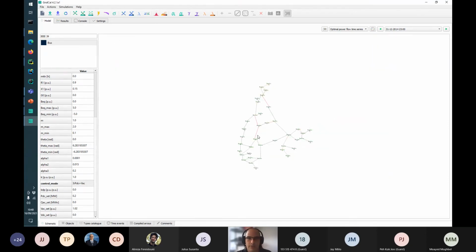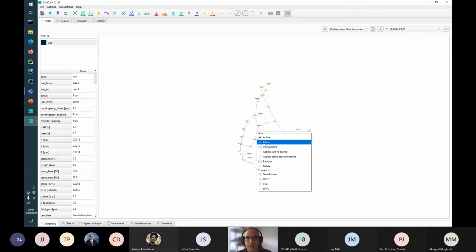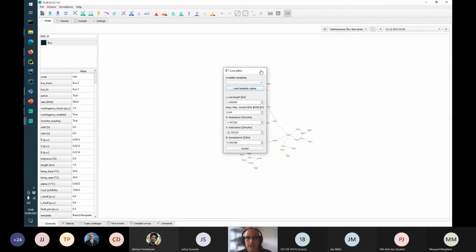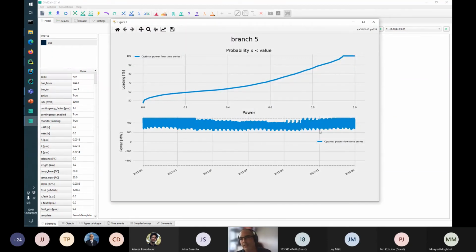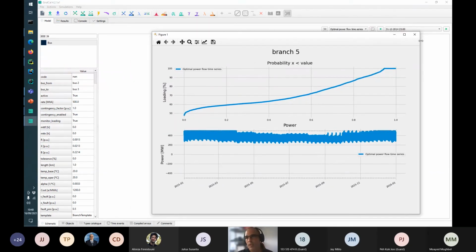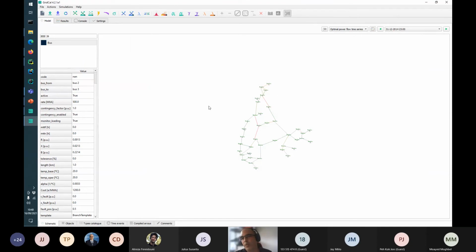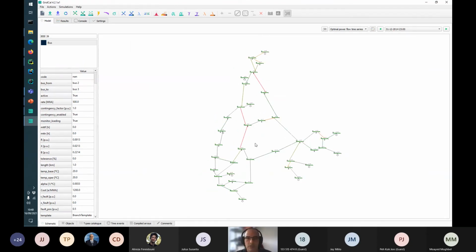So okay, we have the OPF here. If I click and plot a line, sorry, I clicked the wrong button. Plot files. This is the loading of this particular branch in the OPF, right? Good. What if I want the OPF results back into the Newton-Raphson algorithms?